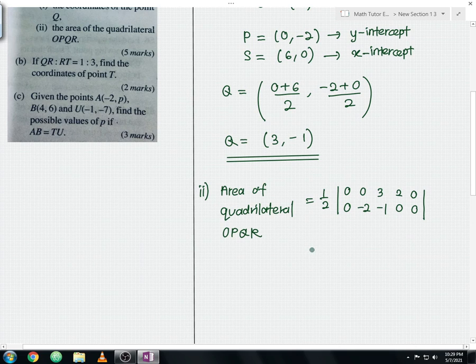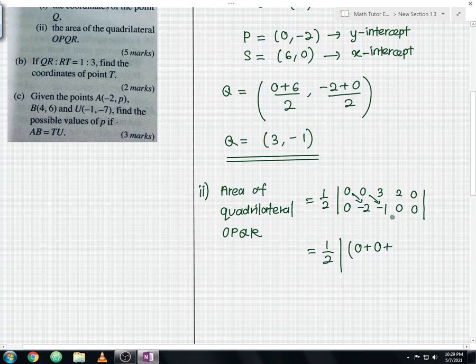For the next step, we are going to multiply diagonally. Please follow along with me. So half, and then you put a modulus sign over here. So 0 times negative 2, let me put a bracket over here, you get 0. And then 0 times negative 1, don't forget to plus here, guys, you get 0 as well.